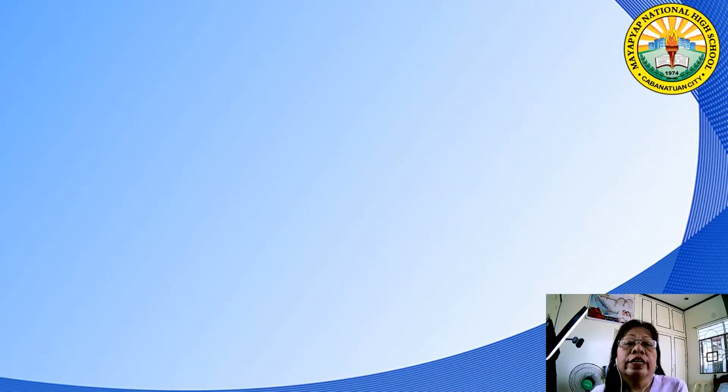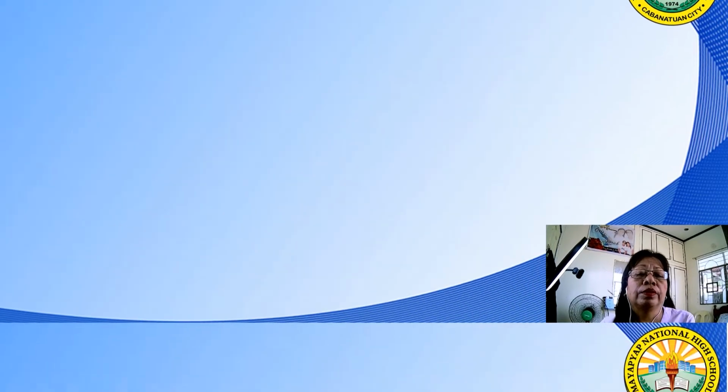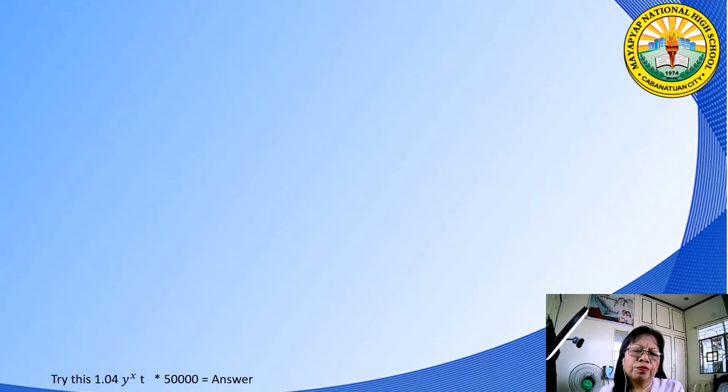You already know how to solve exponential functions and exponential equations in your previous lesson. Now it is time to apply your knowledge in solving some classic problems involving exponential equations and exponential functions. Sample problem.